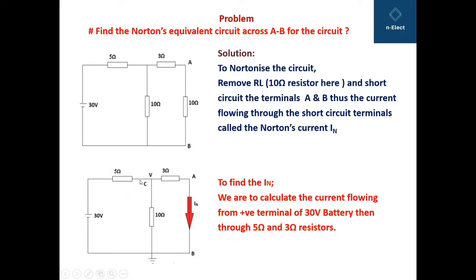Here, all the current will not flow through this branch, because there is some resistance in this branch, and some resistance in the other branch too, so the current will be bifurcated. Some current will flow through this branch and some through the other.